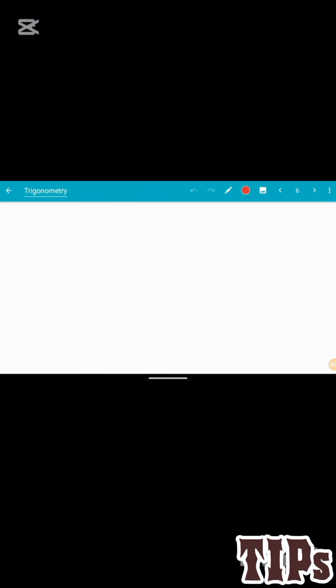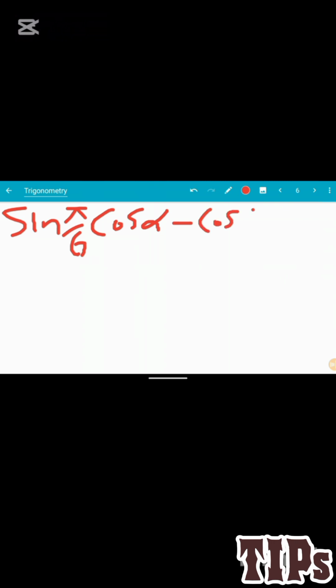So we have sine pi over 6 cos lambda minus cos pi over 6 sine lambda. We know that our lambda is very small.